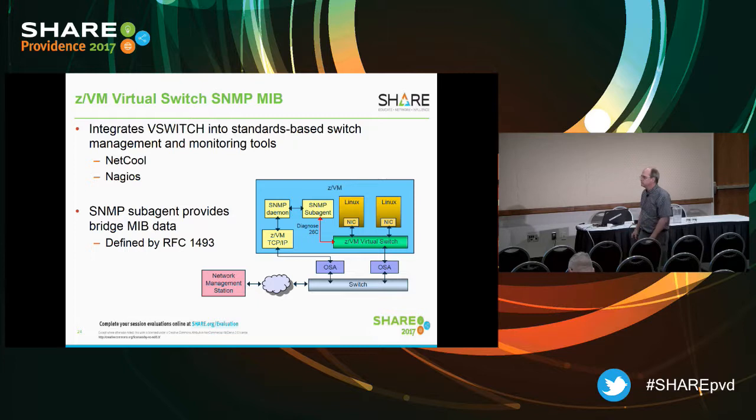What about load and throughput on the virtual switches? First of all, I haven't seen any issues regarding people having to worry about throughput on the virtual switch, because you would add another OSA to it if you needed that, and VM's own performance data is telling you that information. Also, a lot of good performance data comes from the switches themselves.